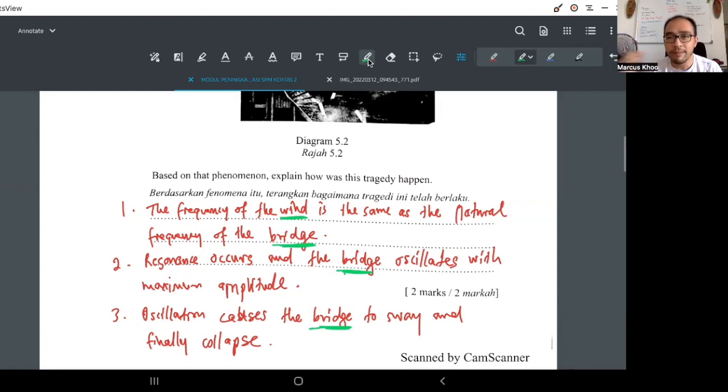Marching, in formation. The frequency of the marching, point number one, is the same as the natural frequency of the bridge. You can use the same exact model answer. Resonance occurs and the bridge oscillates with maximum amplitude. The oscillation causes the bridge to sway and finally collapse, and all the soldiers fall into the river.